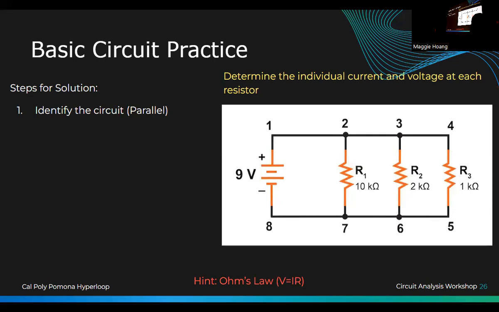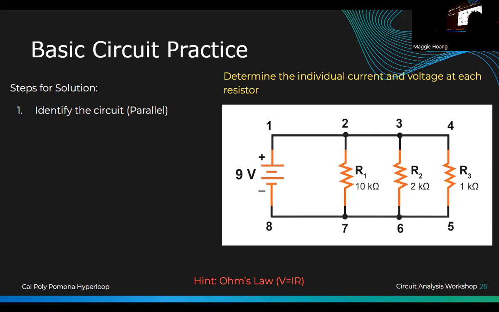So the important part now is finding the currents. So how do we do that? Any ideas? The lower one? This one? What about it?